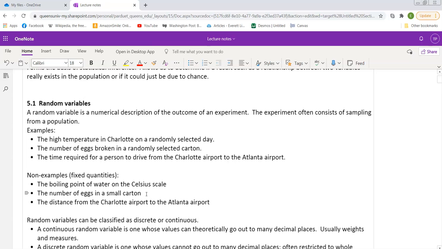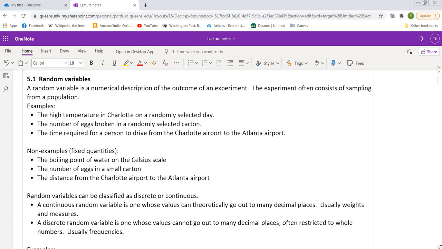Those small cartons always hold 6, so that does not vary. And finally, the distance from the Charlotte airport to the Atlanta airport. And let's assume that it's as the crow flies, as they say, so that we don't have to get into, well, there's different routes or whatever, but the distance is what it is. It doesn't vary based on who's driving or whatever. So those are all fixed quantities.